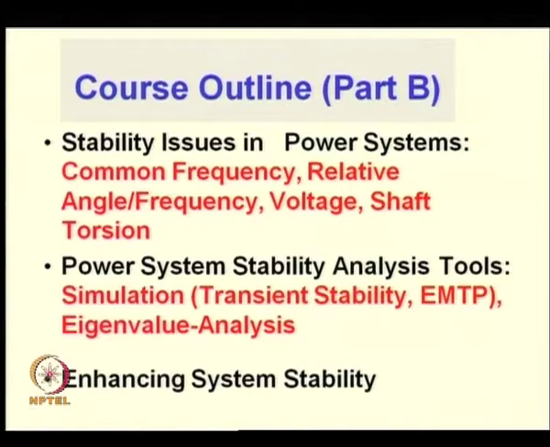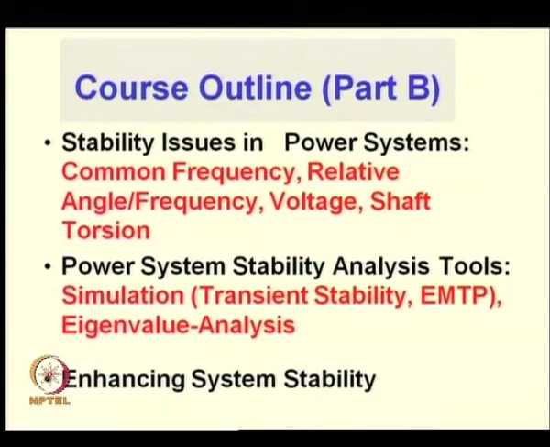Then we also discussed probably the most important problem in synchronously connected systems, that is when you have got synchronous machines connected by AC transmission lines. The most important stability problem is in fact the relative angle or the relative frequency motion. And we discussed things like loss of synchronism, etc., under the topic of relative angle movement and frequency movement.